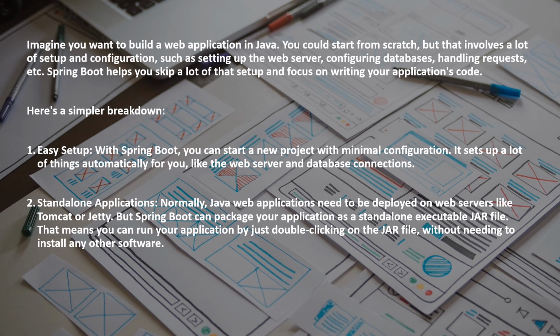This means you can run your application just by double clicking, which is a very handy way of doing things. This also makes the development process faster, and you don't have to worry about all the different technologies like JDBC, or Java database connection, or the web server and stuff. So that makes it very easy to start developing a Java enterprise application.